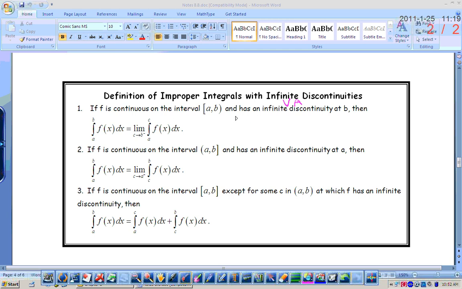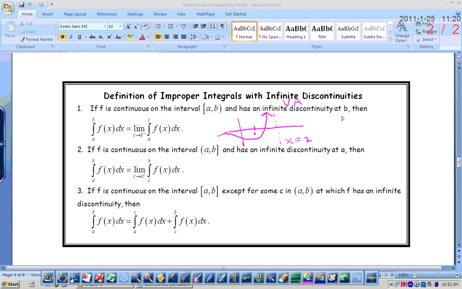So if you think about it graphically, let's say that you've got some function and you have a vertical asymptote at x equals 2. I don't know what this function looks like. It looks something like this. And then let's say that this is 1.